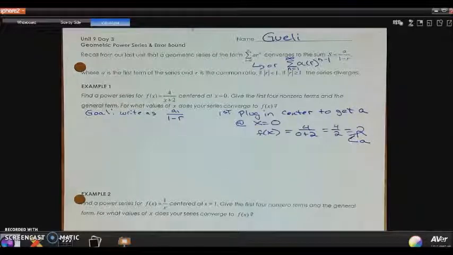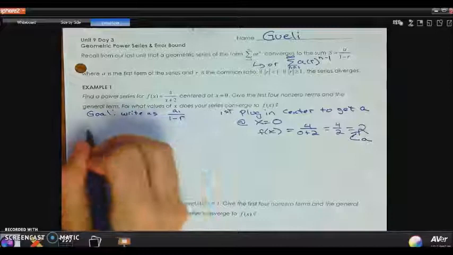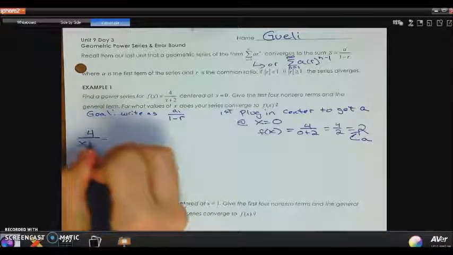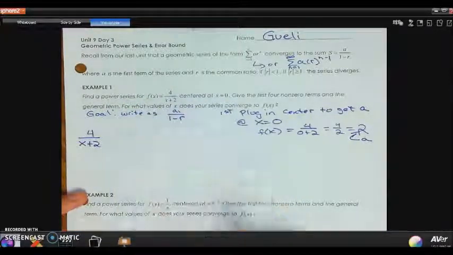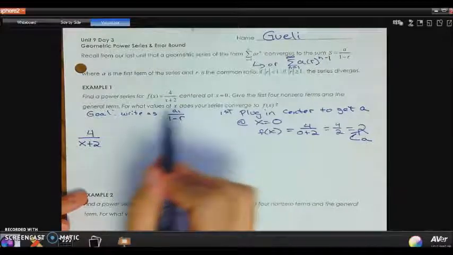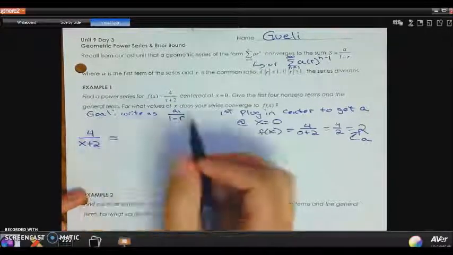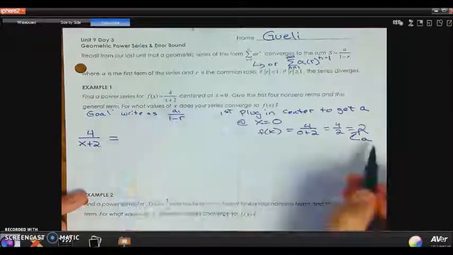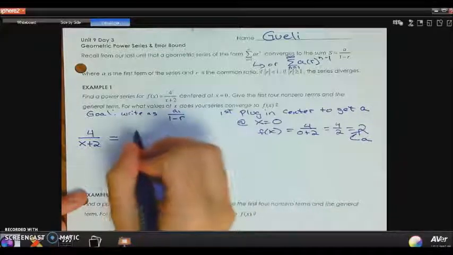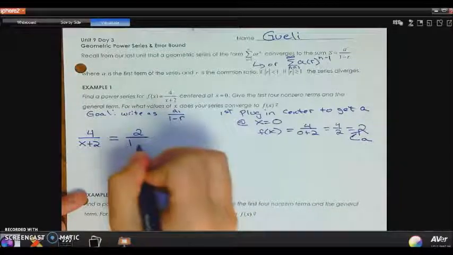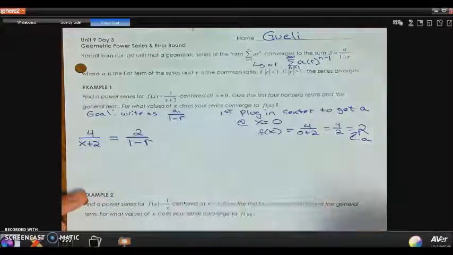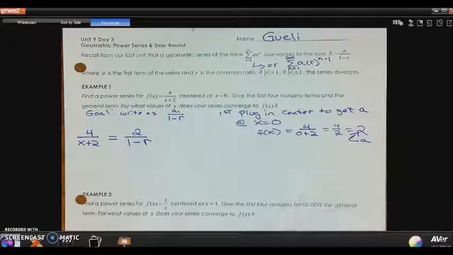Well, that's useful, because now I'm going to say, this 4 over x plus 2, that's the original f of x that they gave me. I want to write it in this form, so I'm going to set it equal to this thing. But now I know that a is 2, so it's 2 over 1 minus r. And obviously that is still a problem because I have an x and an r.